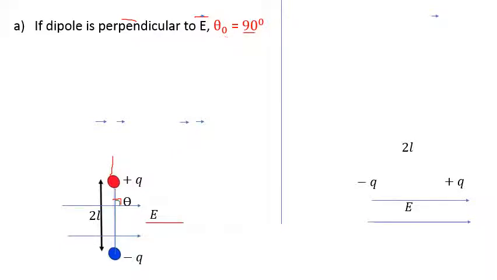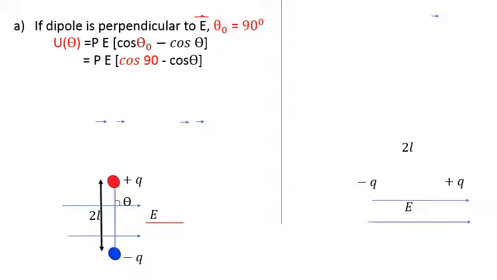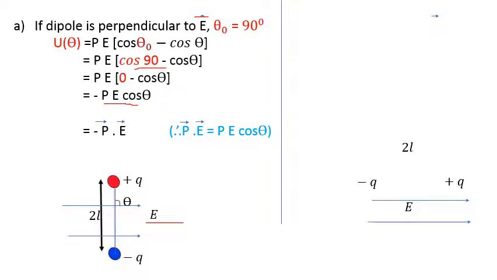Now let us substitute this value of theta 0, 90, in the equation of energy and write the next step. In this case, you have to substitute theta 0 as 90, and we know cos 90 is 0. So finally it is minus P E cos theta, and as per the definition of scalar product or dot product, this P E cos theta is nothing but vector P dot vector E. That's why this is the step.